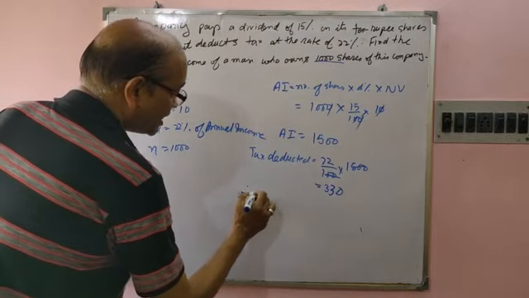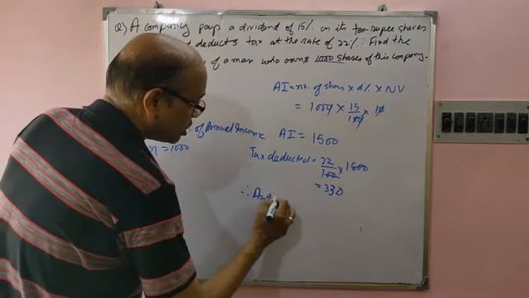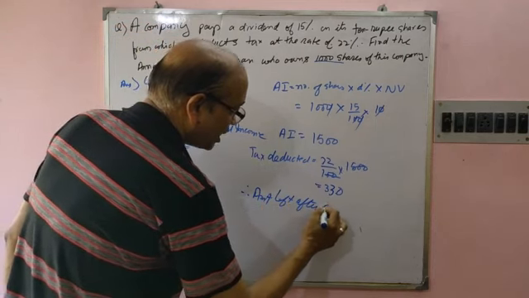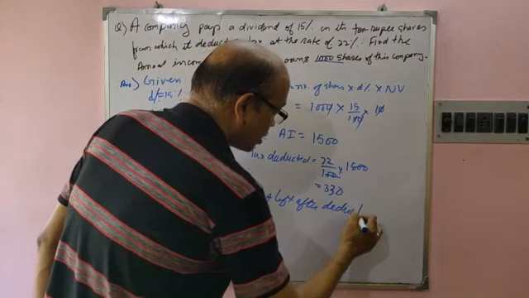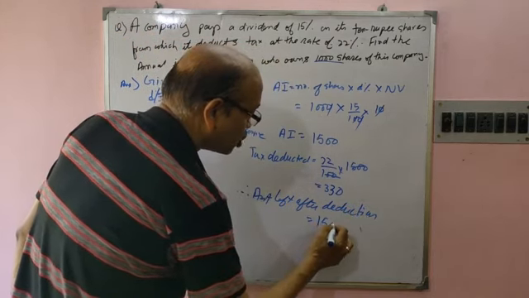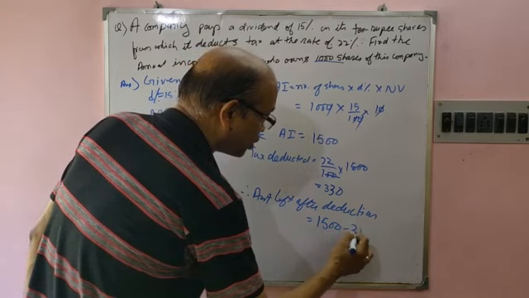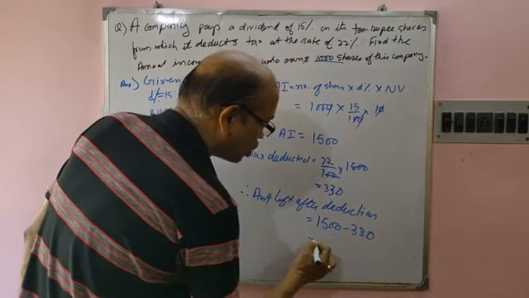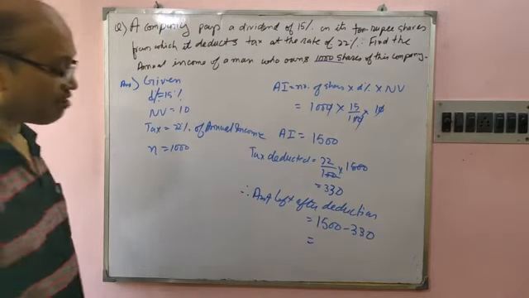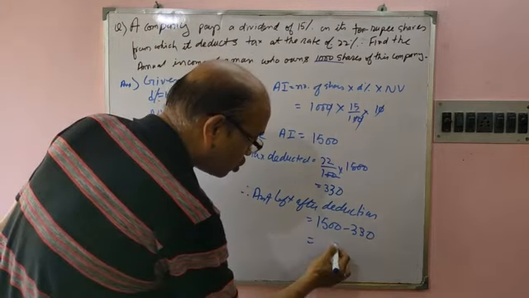So amount left after deduction is 1500 minus 330 is 1170.